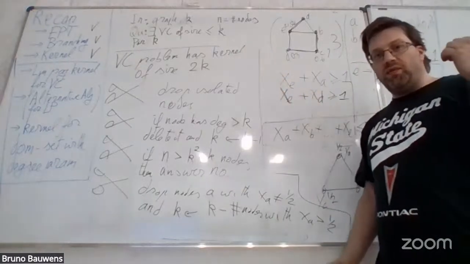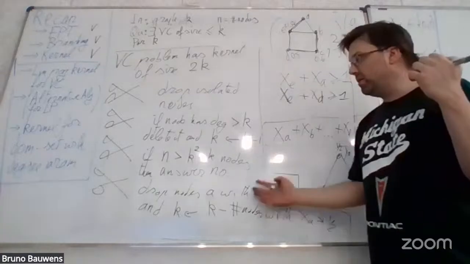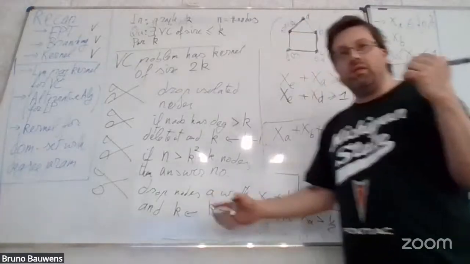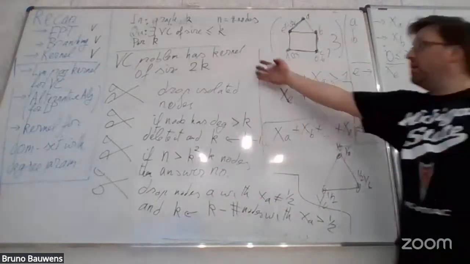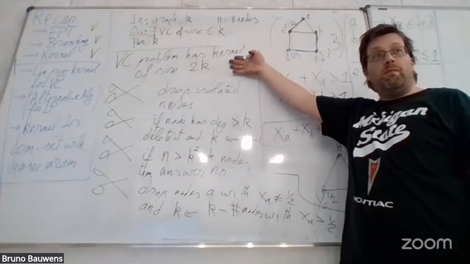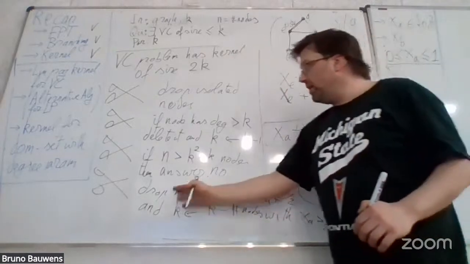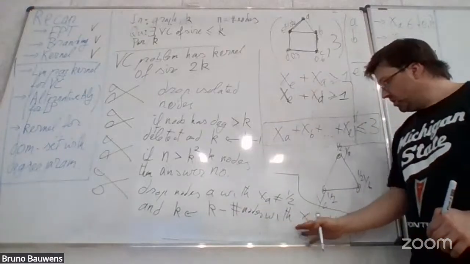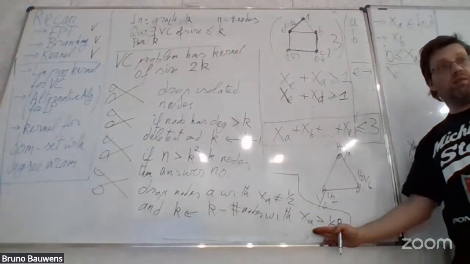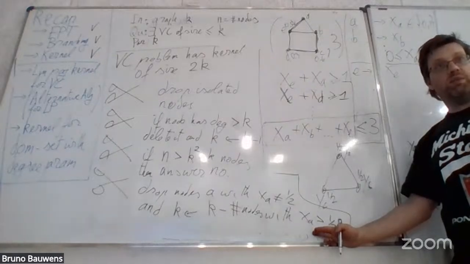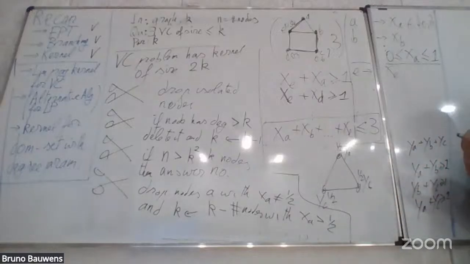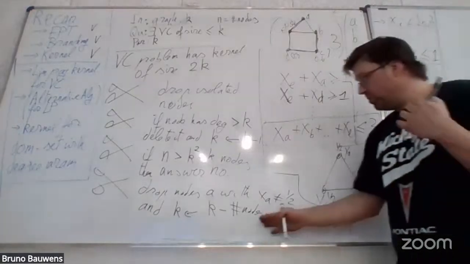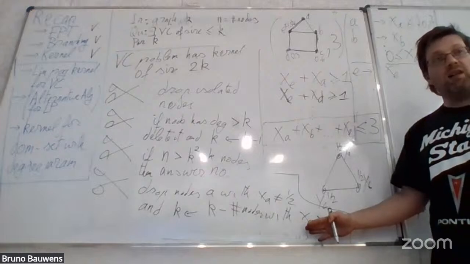If the number of nodes is more than 2k, what does it mean? After we iteratively apply this rule, all the nodes will have xa equal to 1/2, because we throw away the others. But now the linear programming bound, the fractional bound, is half of the nodes.